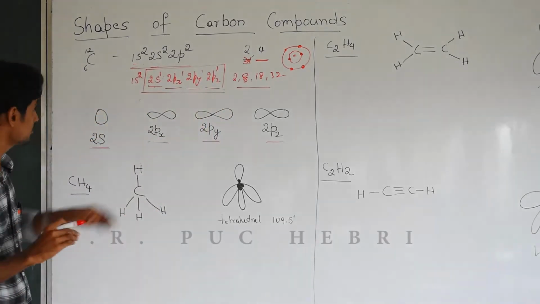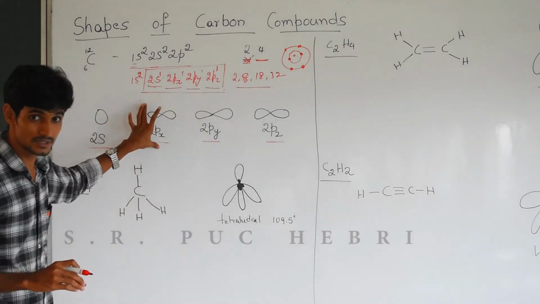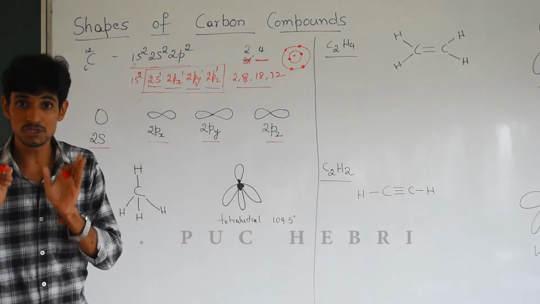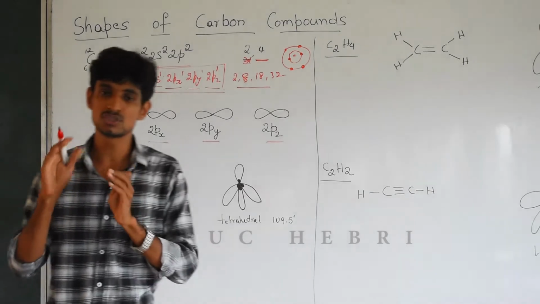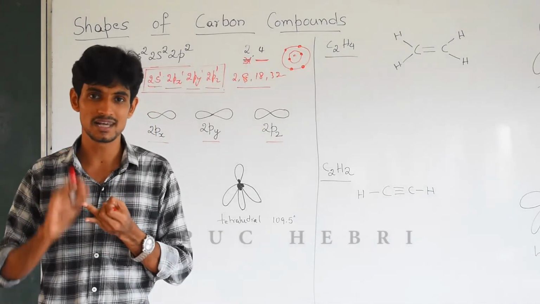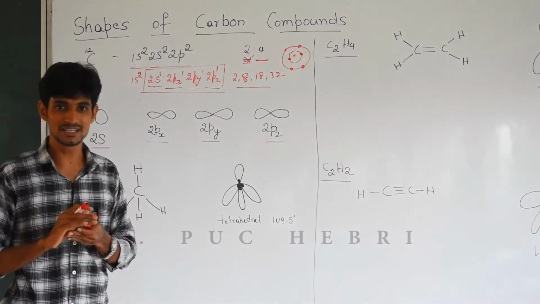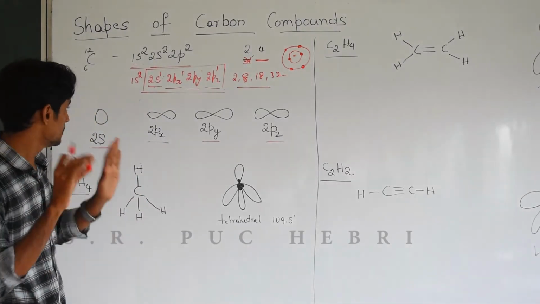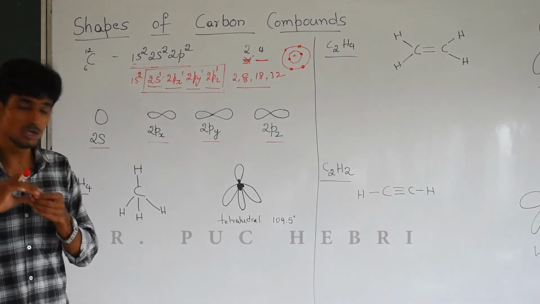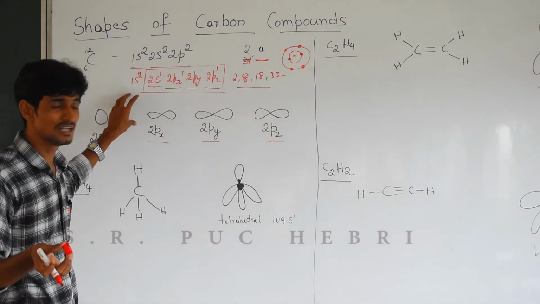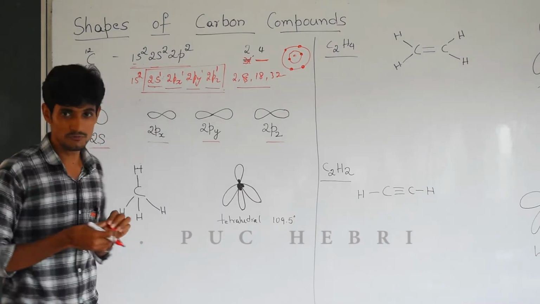So this is about the shape of these orbitals of carbon. You are going to study the shapes of orbitals, the electronic configuration, and everything about orbitals in a separate chapter, but still, for your understanding, I am explaining this earlier, only in the perspective of carbon.